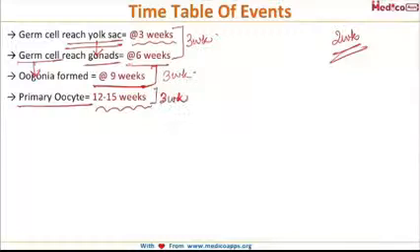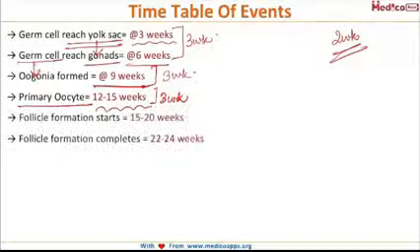Now, these primary oocytes start being surrounded by the follicular cells, that is the granulosa cells from the cortex and the theca cells from the medulla, and it leads to the formation of the primordial follicle. This formation starts at 15 to 20 weeks and is completed by 22 to 24 weeks.